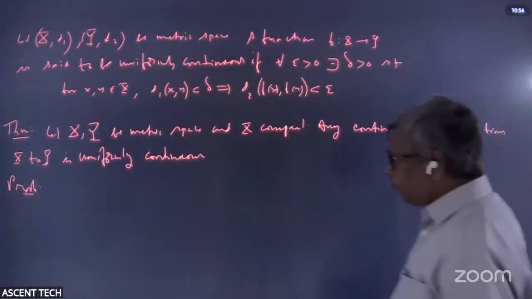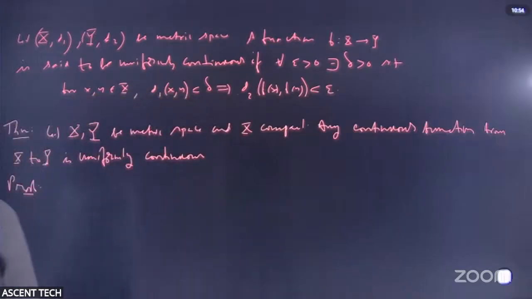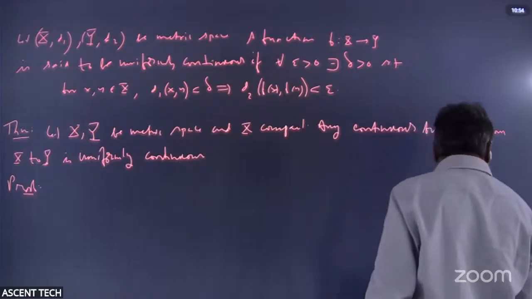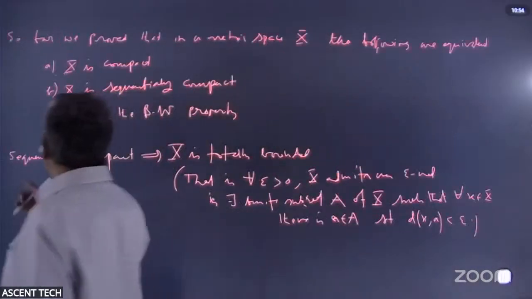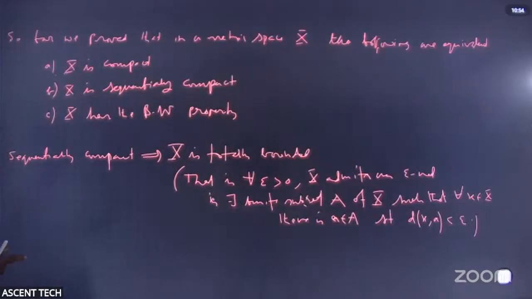The proof is very easy. Actually, I should have recorded this also. I also proved that if X is compact, every open cover of X will have a Lebesgue number.